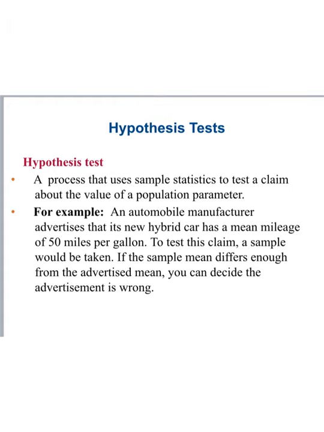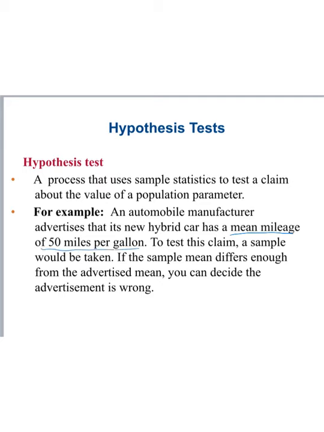And here's an example. A hypothesis test is a process, as I mentioned, that uses sample statistics to test a claim about a population parameter. Let's say somebody makes a claim. In this example, an automobile manufacturer advertises that its new hybrid car has a mean mileage of 50 miles per gallon.